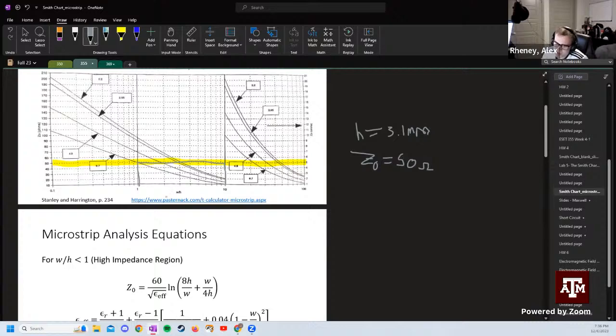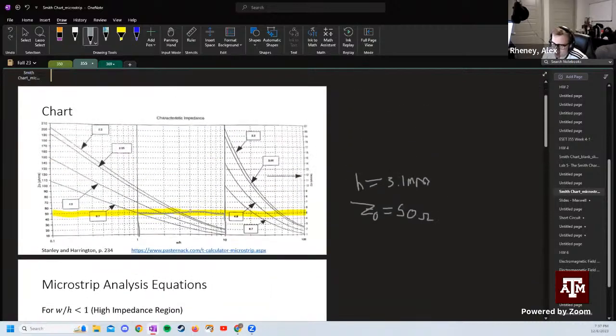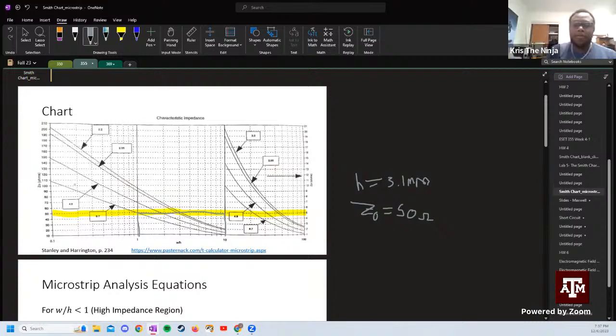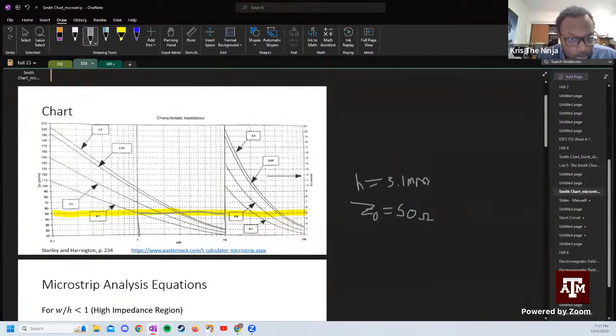So Chris, how do you remember how to determine which line to use for the W over H value? Yes, I do. Let me come back to Zoom to help you out. When you look at the transmission line impedance value, that tells you where you're looking for the intersection point.